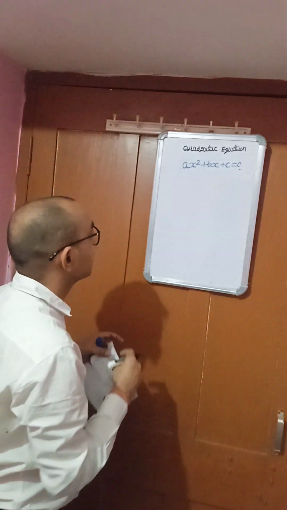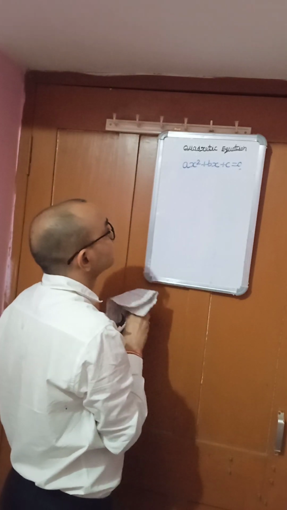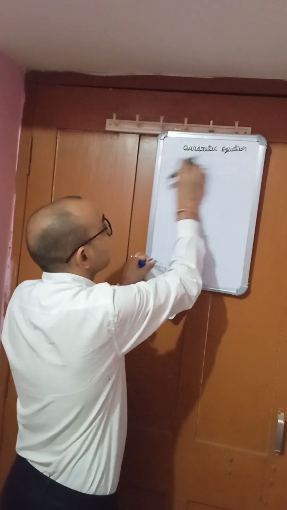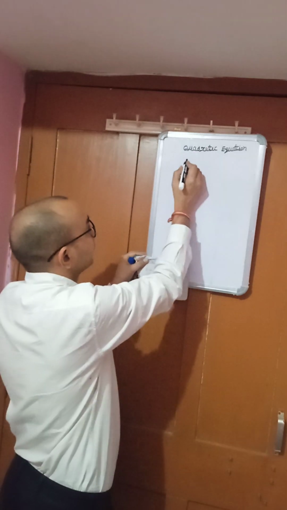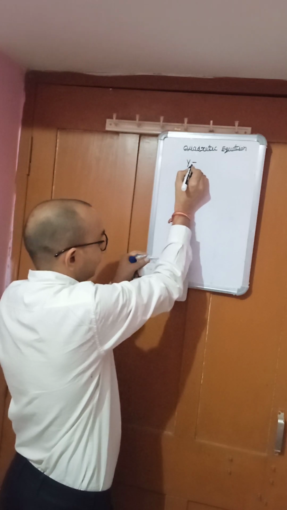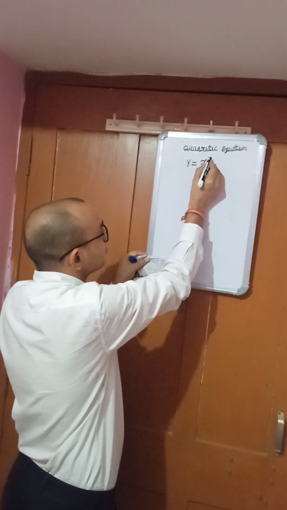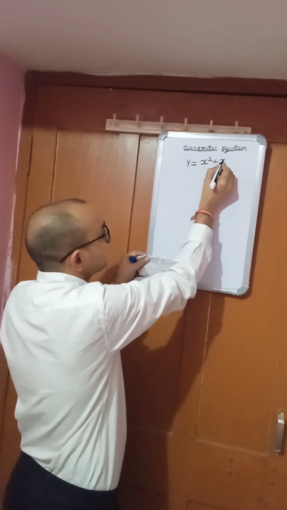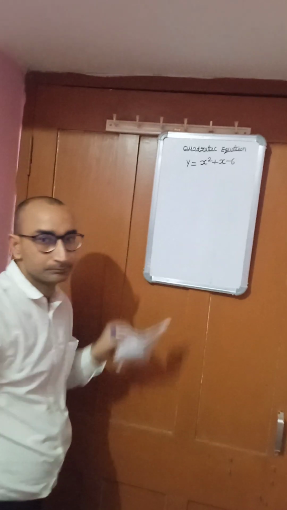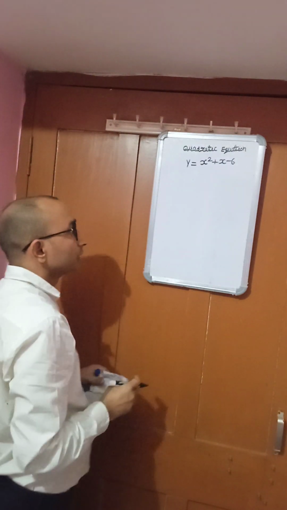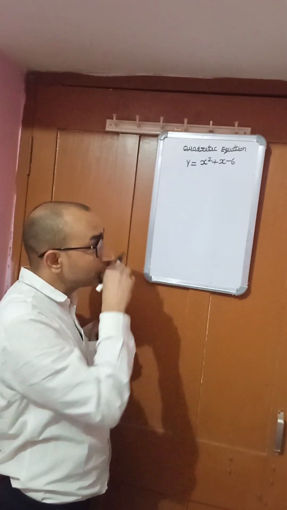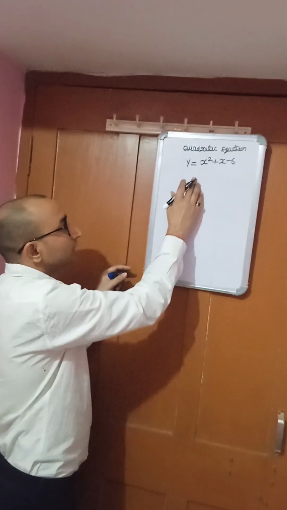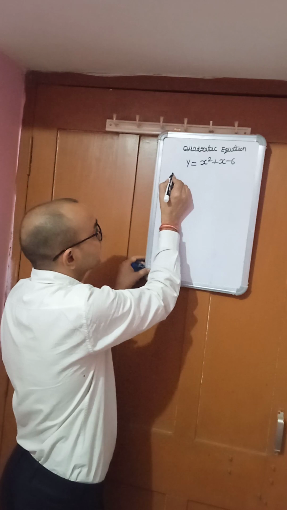Taking one equation, y equals x square plus x minus 6. I want to draw the parabola of this equation. So how can we draw it? Let us see.